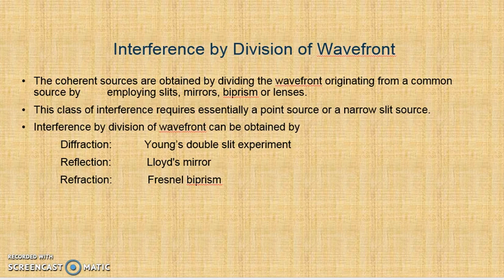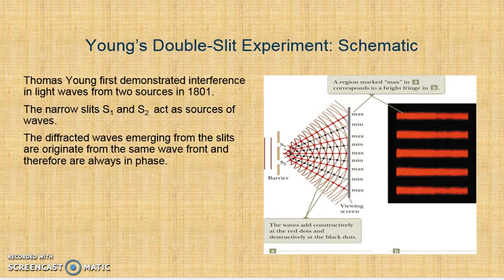It requires a point source and a narrow slit source. It can be obtained by the principle of diffraction, example is Young's double slit experiment, by reflection, example Lloyd's mirror, by refraction, example Fresnel's biprism.